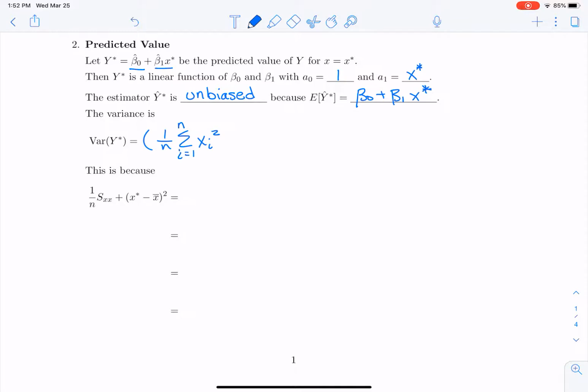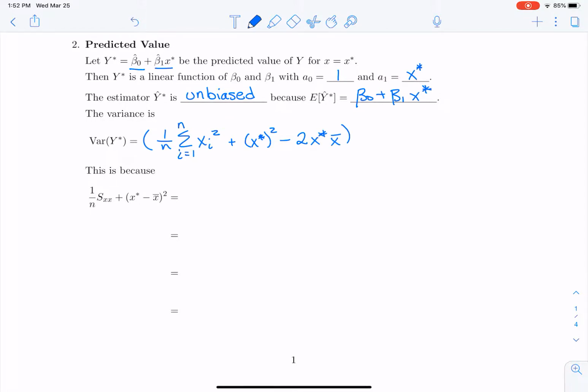Then I'm going to plug in a1 so that the next term becomes x star squared. And then with a0 equals 1 and a1 equals x star, we get minus 2 x star x bar.